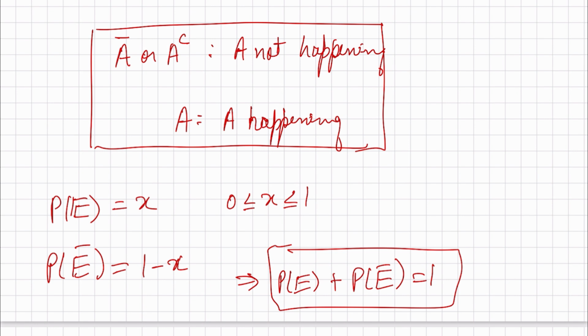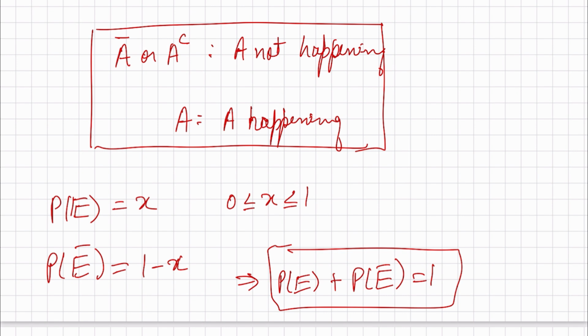What it means is, if you take any event, there can be 2 possibilities, right? Either the event happens or it doesn't happen. There can be no other possibility. It happens or it doesn't happen, okay?